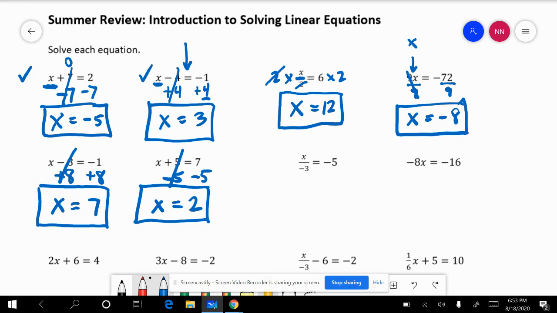Here we have division. Remember, the opposite operation is multiplication, so we're going to multiply by negative 3. The negative 3's cancel, so we're able to isolate our variable. We get the x by itself. Remember, a negative and a negative is a positive, so that would be a positive 15.